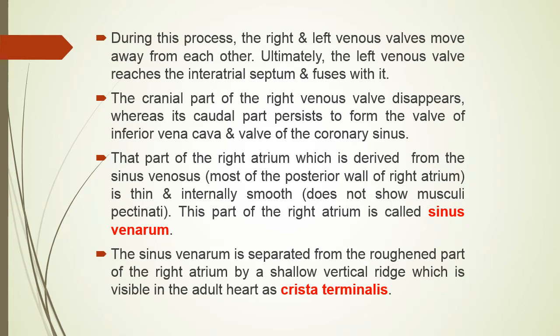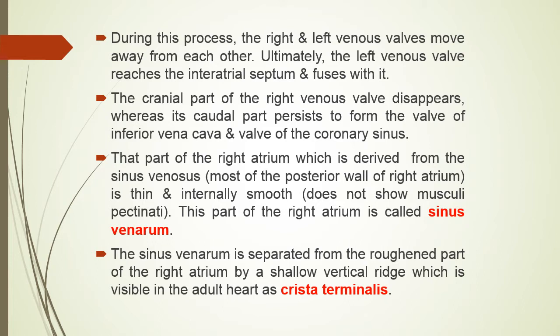The posterior part of the right atrium comes to be called the sinus venarum, and this is that part of the right atrium which is derived from the absorbed right horn of the sinus venosus. It is thin-walled and internally it is smooth, and does not show any irregularities.